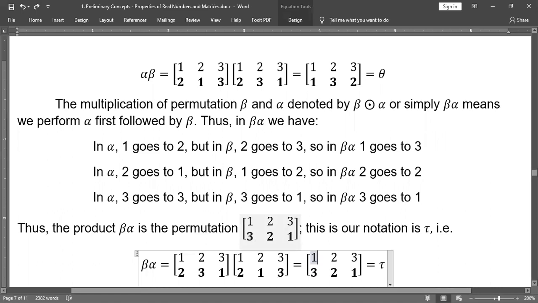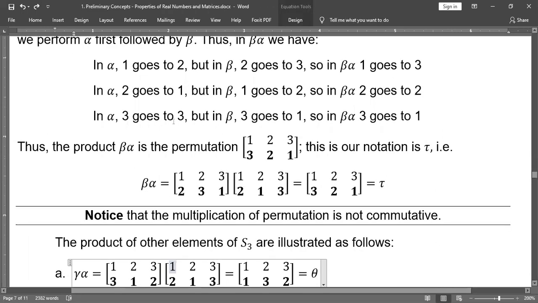So, 1, 3, 2 yung product ni alpha beta, but beta alpha is 3, 2, 1. So, we are not commutative under permutation when our operation is multiplication. So, ganun siya. Note that the multiplication of the permutation is not commutative.